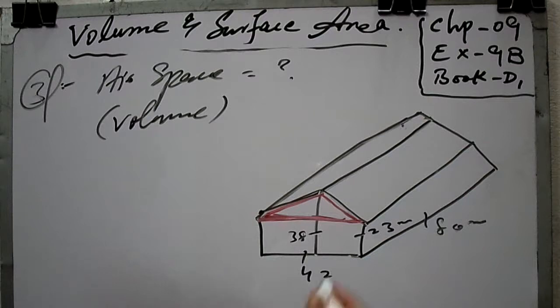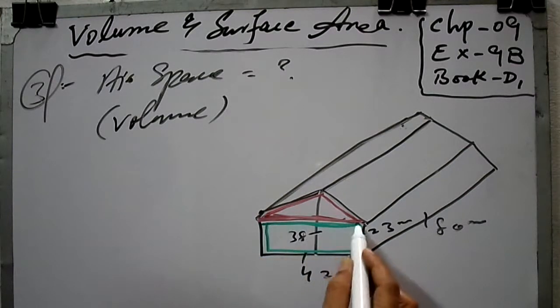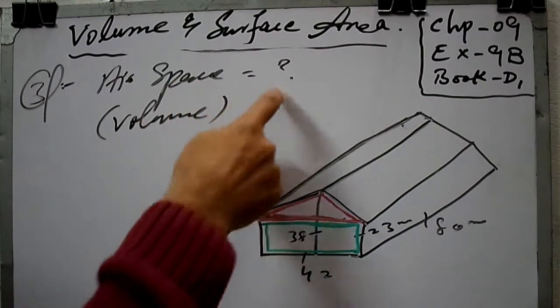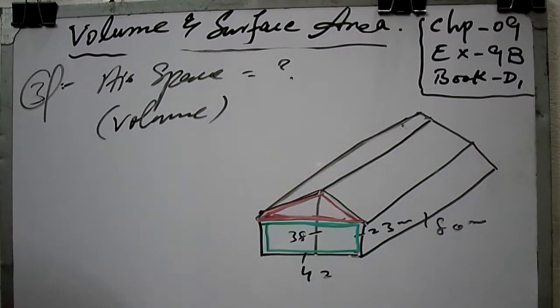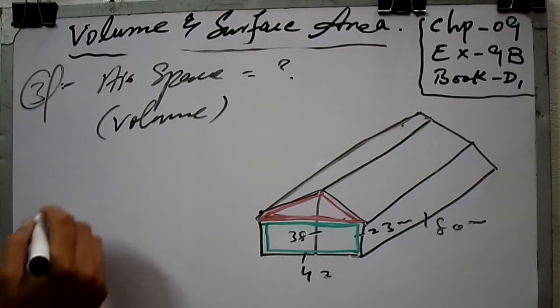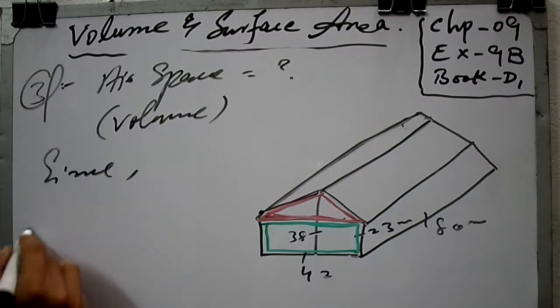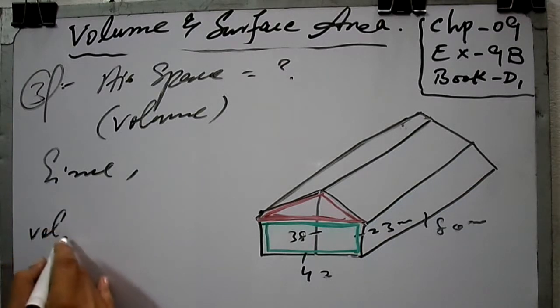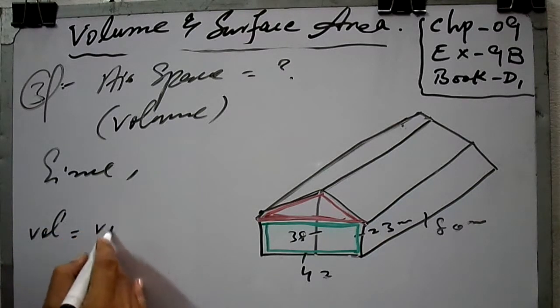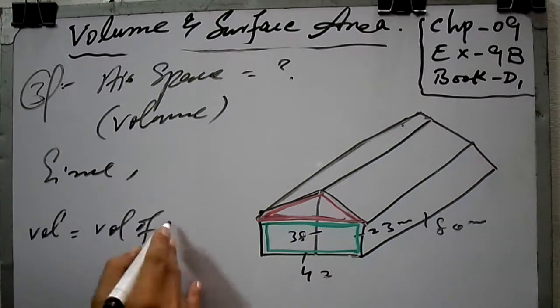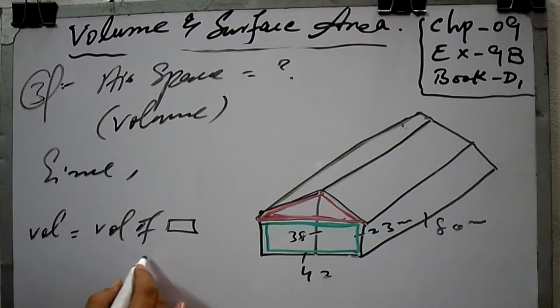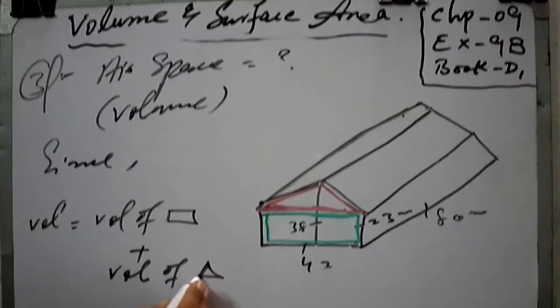If I cut the piece from here, one is your rectangle and one is your triangle. So how can we find the airspace, that is volume, in this figure? From the figure it is clear that volume or space is equal to volume of rectangle plus volume of triangle.